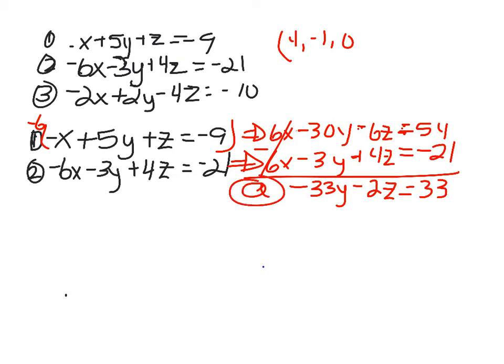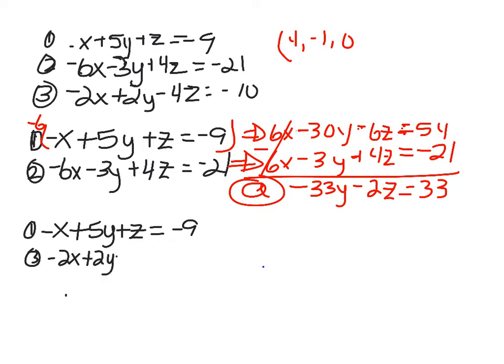And now I'm going to take equation 1 and 3. So here's 1. So that's negative x plus 5y plus z equals negative 9. And equation 3 is negative 2x plus 2y minus 4z equals negative 10. So I have to get rid of the x's here, same thing as the top. So I'm going to multiply by negative 2.